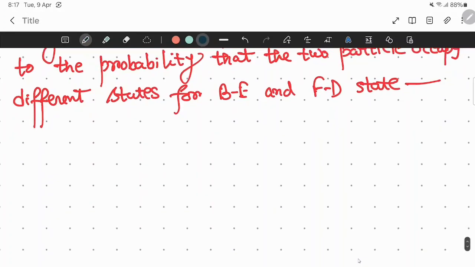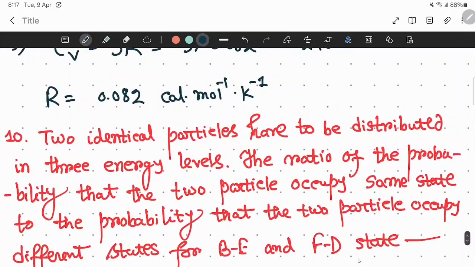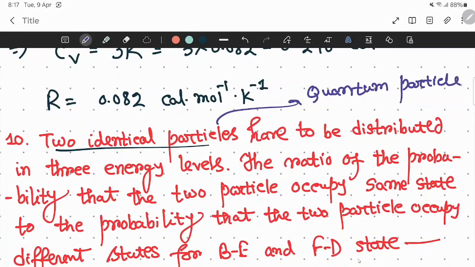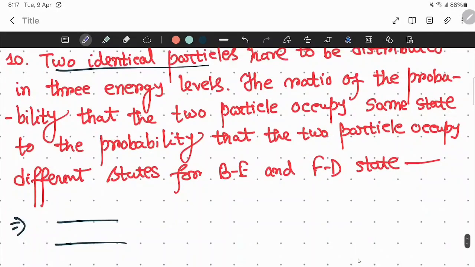So there are three energy levels and you have two identical particles, which essentially signifies these are quantum mechanical particles, right? So that may be bosonic or maybe fermionic. So we have to find out the ratio of two probabilities: the probability of the two particles in the same state and the probability of the two particles occupying different states.